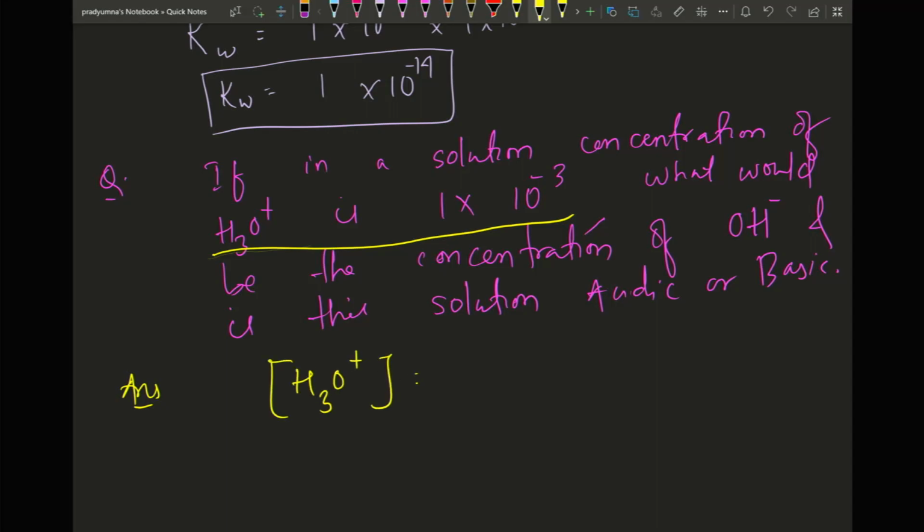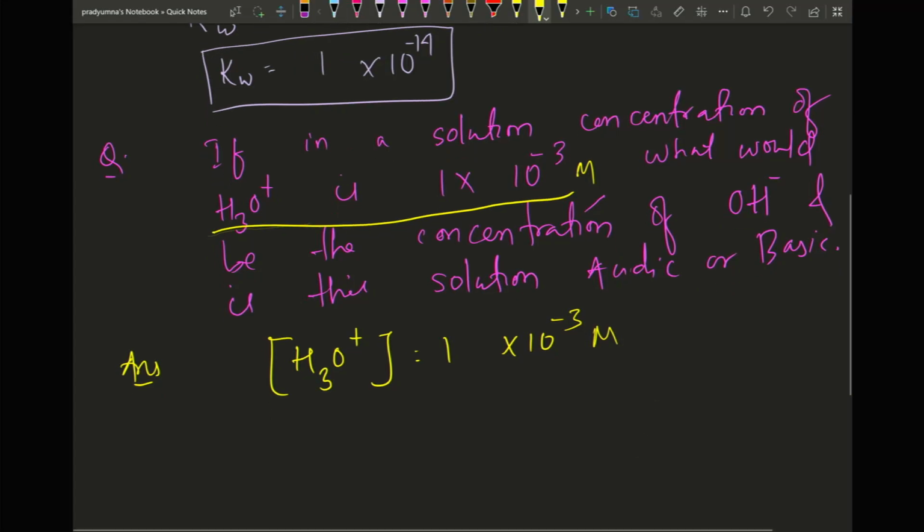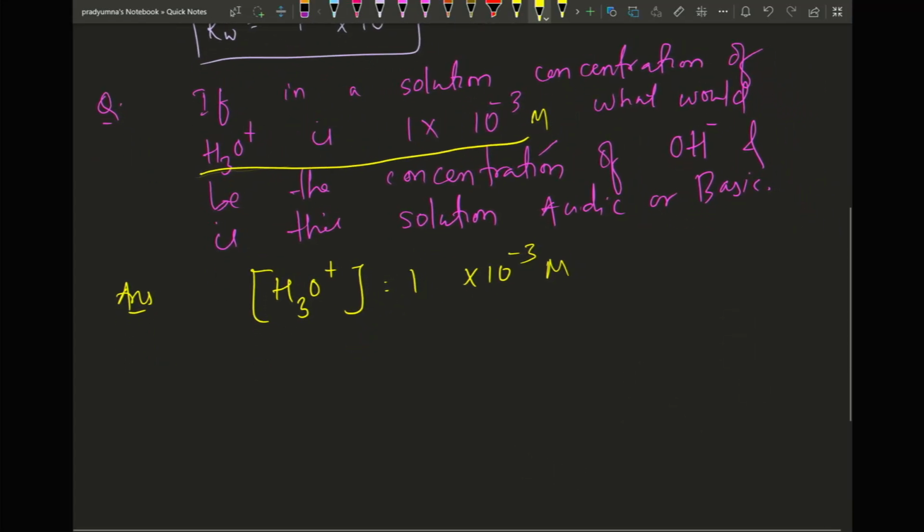So let's write that down. The concentration of H3O plus is 1 into 10 to the power negative 3 molar. We can ignore the molar for now because we're going to work everything in molar. And the question is asking what the OH minus concentration is. All right, so this is what we know.